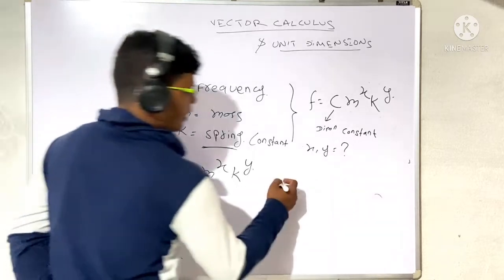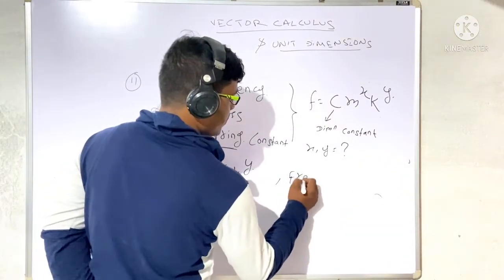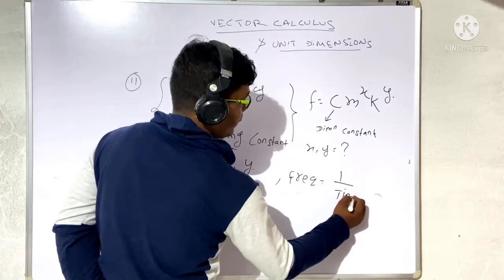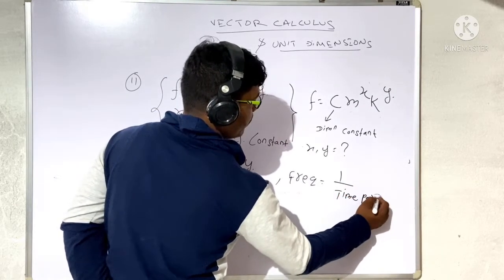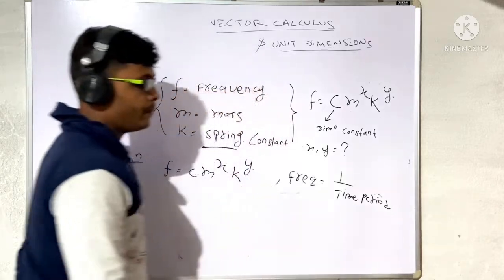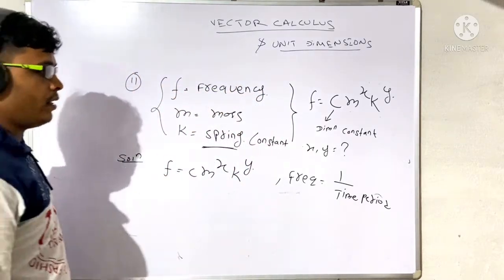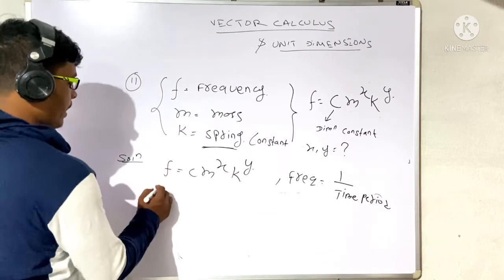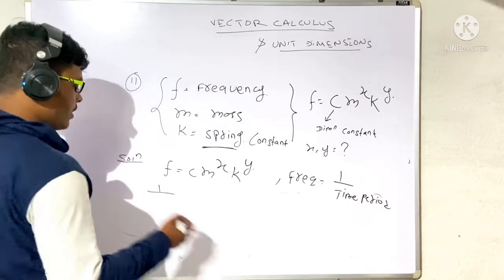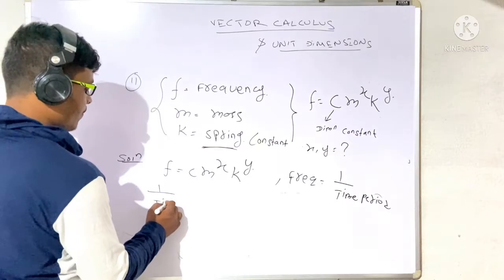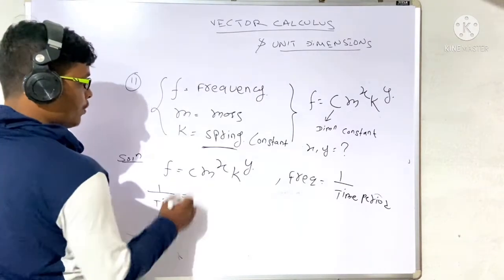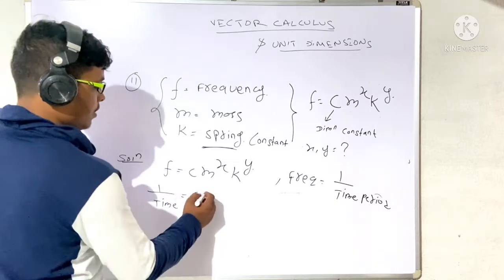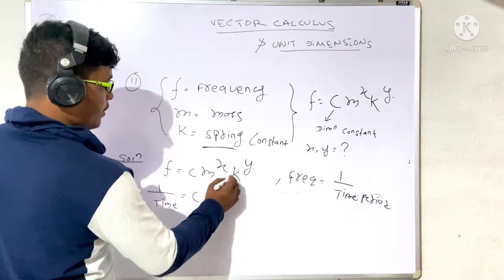We know that frequency is nothing but 1 by time period. Remember the relation f equal to 1 by t. Time period means this is a time only. That is equal to c into m, which is your mass, and k, which is your spring constant.